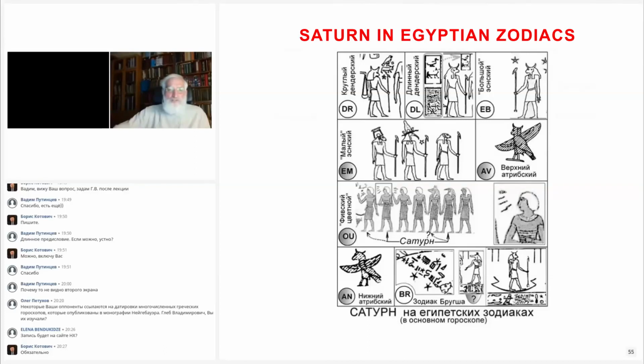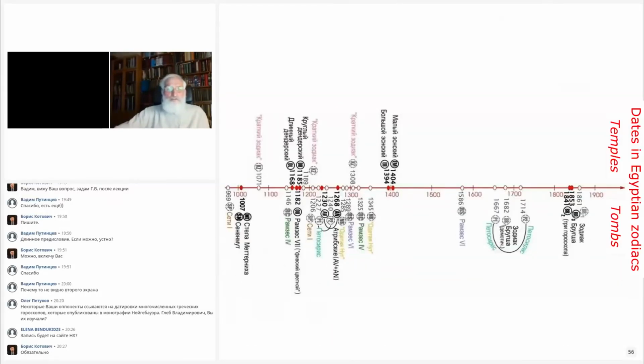How a specific planet is depicted in all Egyptian zodiacs. We have compiled such tables, and they are in our books. It is very well visible there. In fact, when comparing different tables, different methods of depiction in different zodiacs, the rules of symbolism are very well observed.